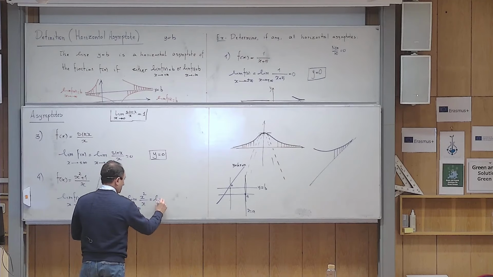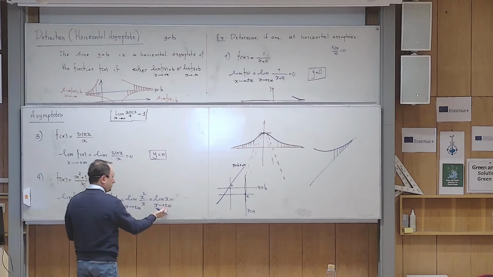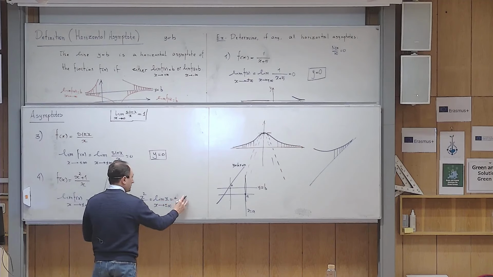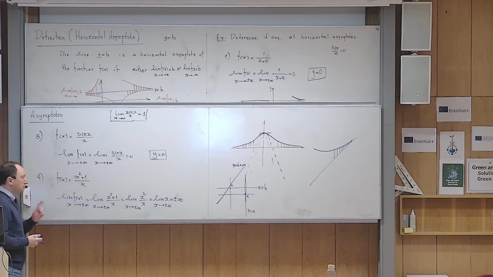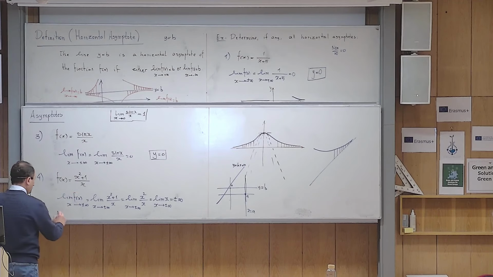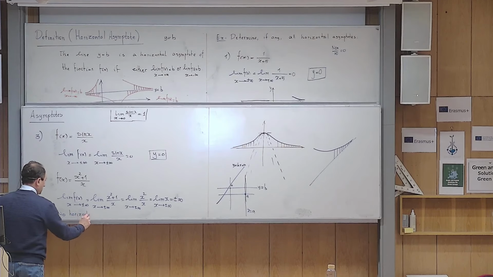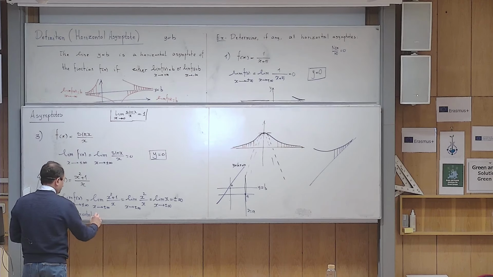It becomes simply x, and x goes to plus or minus infinity. If it is plus infinity, the limit becomes plus infinity. If it is minus infinity, it becomes minus infinity. But the problem is that it does not become a number. If it is not a number, so no horizontal asymptote.